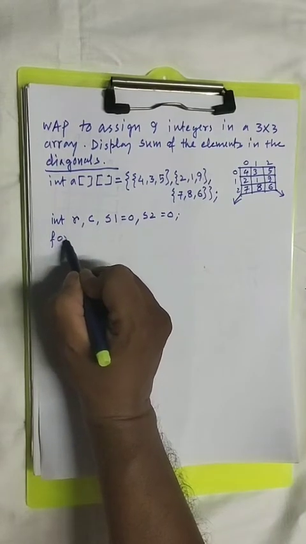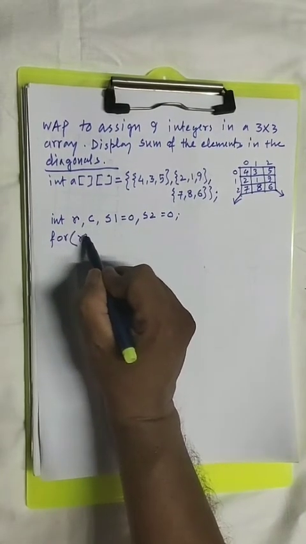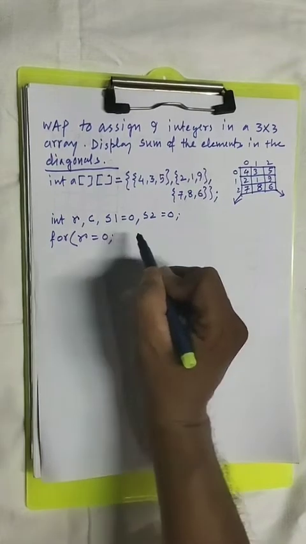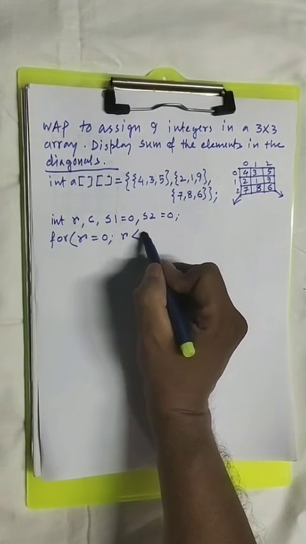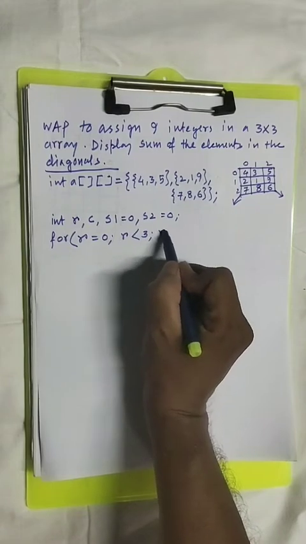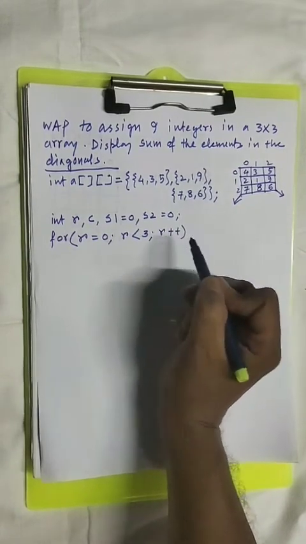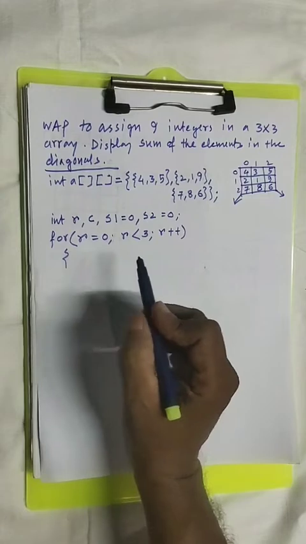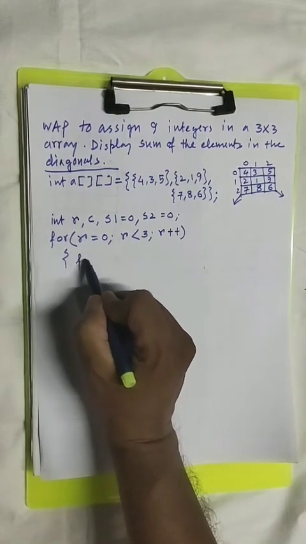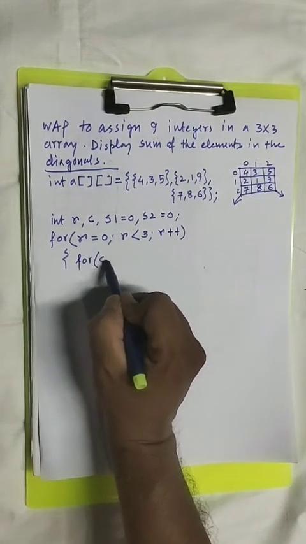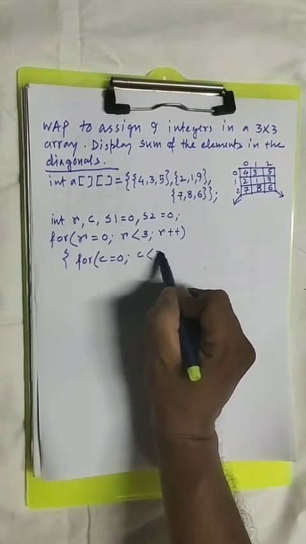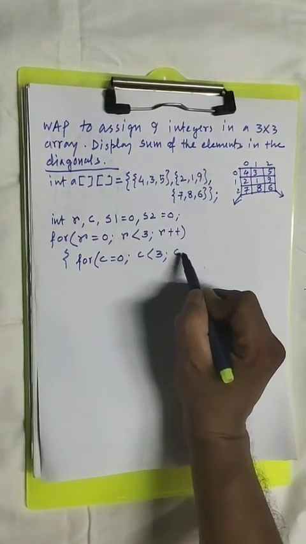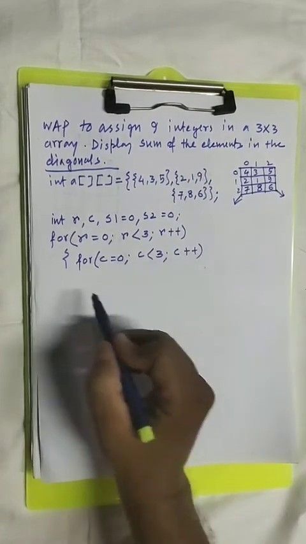Create one for loop for r equal to 0, r less than 3, r plus plus. Again another loop for c equal to 0, c less than 3, c plus plus.